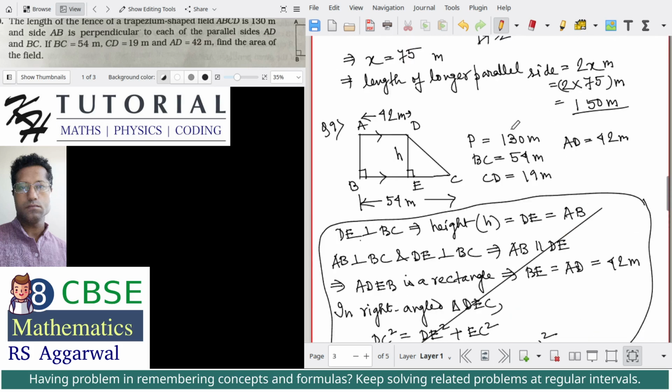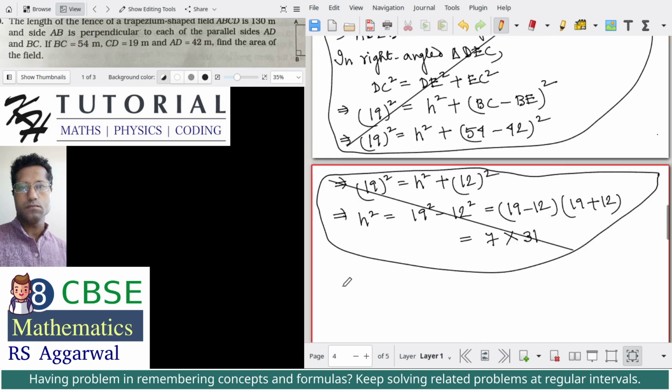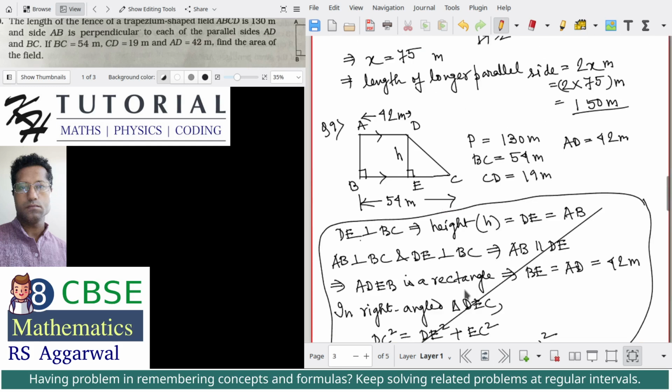So clearly perimeter is given. So we know that perimeter P will be equal to AB plus BC plus CD plus AD, the length of all four sides. The perimeter is given as 130 meter.